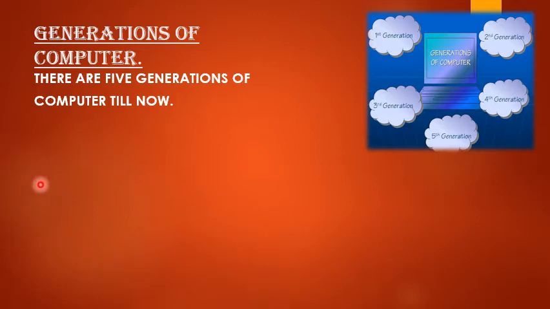First and second generation you have been taught in class 4, so we are not going to detail them. If you want to review these 2 generations, you have to go through the first lecture, where we have discussed it a little bit. In today's class we will learn third, fourth, and fifth generation. So let's begin.